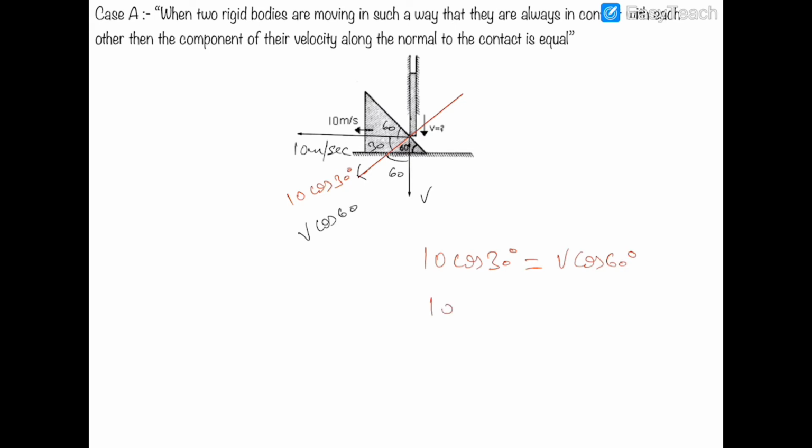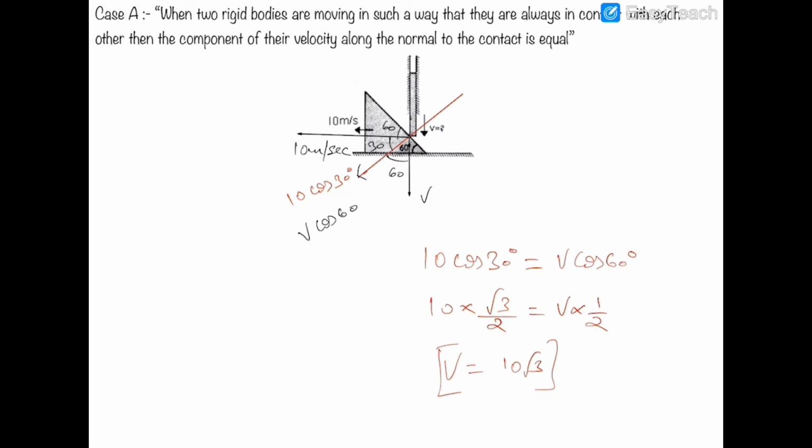Now 10 into cos 30 is root 3 by 2, and V cos 60 is 1 by 2, and V will be equal to 10 root 3. So this is the required downward velocity of the rod when it is restricted to move only in y-axis, and the wedge is restricted to move only in x-axis.